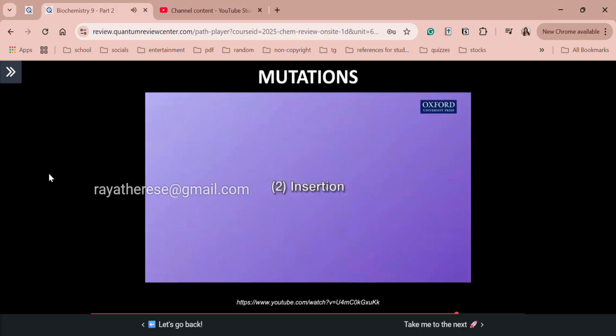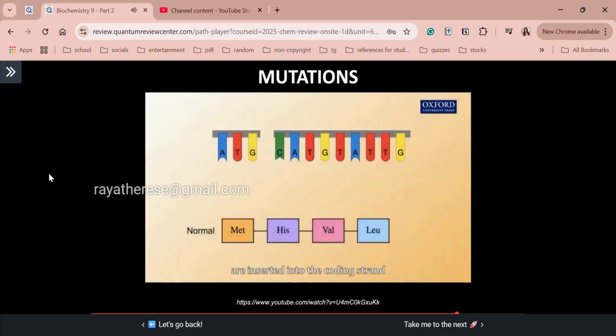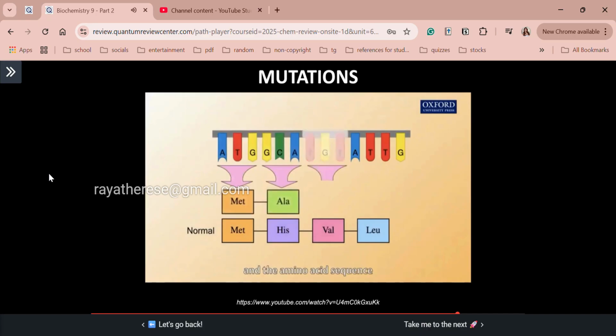Similarly, if one or more bases are inserted into the coding strand, the reading frame will also be shifted. And the amino acid sequence after the point of mutation will be altered. The resulting protein is usually non-functional too.